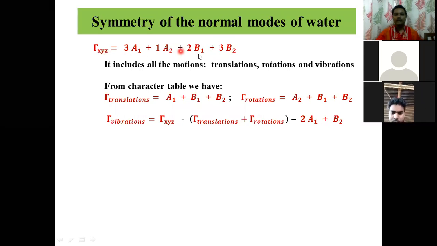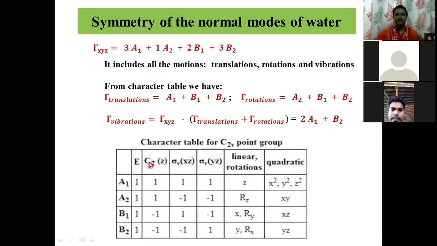So from the total number of representations, this is basically a reducible representation, what I did is subtract the translations. Of course, these are coming from translation along z, x, and y, right?